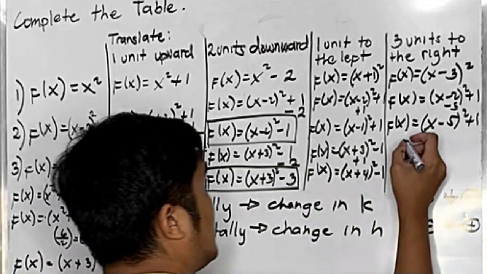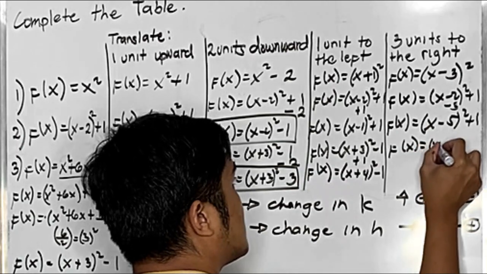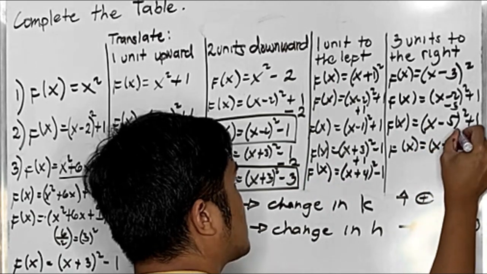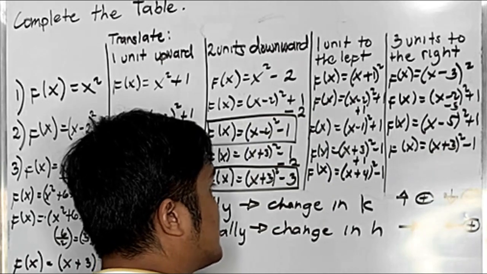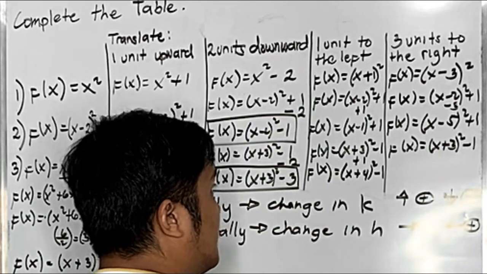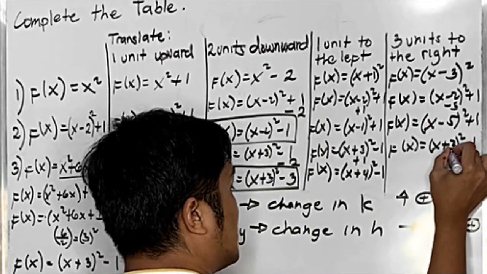How about if you need to move 3 units to the right of f of x? So writing our initial equation, you need to move it 3 units to the right, therefore you will subtract 3 units from h.